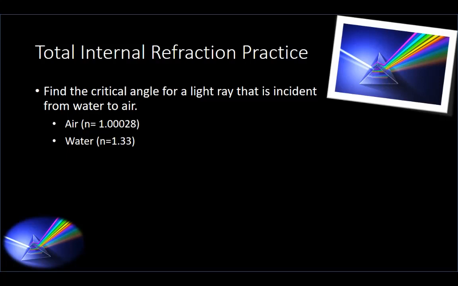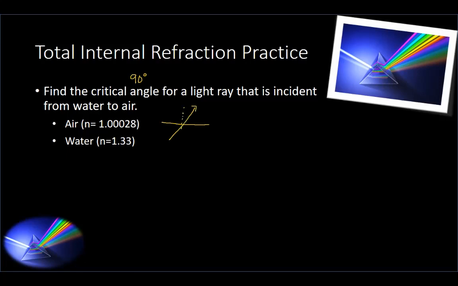In this case, we're going to find the critical angle. So again, if you're thinking critical angle, you should be thinking about 90 degrees. Okay, it's critical angle. We're going to write 90 degrees just to remind ourselves for a light ray that is incident from water to air. Okay, so let's do our drawing. So we're going to have a light ray coming up and then coming out.